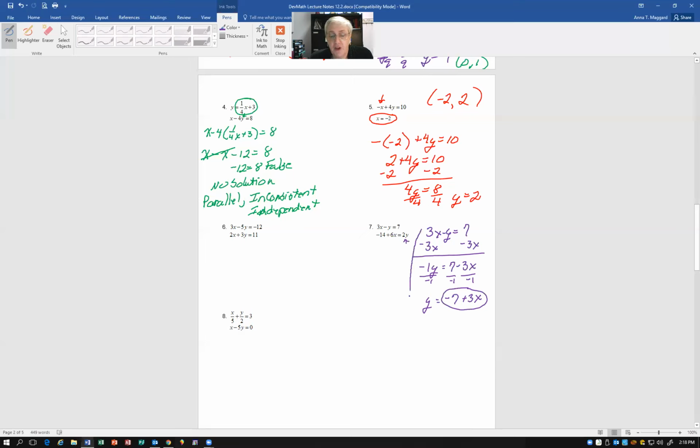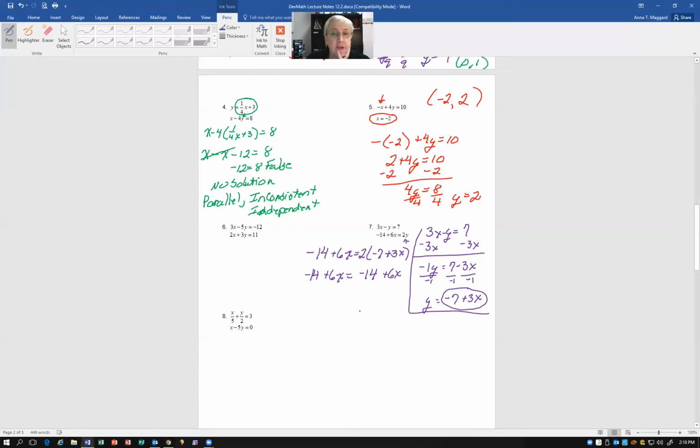Okay, so this was me solving for y so I could substitute. Then I'll have this second equation, negative 14 plus 6x equals 2 times negative 7 plus 3x. Let's see what happens when we distribute. Anytime you see parentheses in these, you have to distribute. That has to be done first. So negative 14 plus 6x equals negative 14 plus 6x.